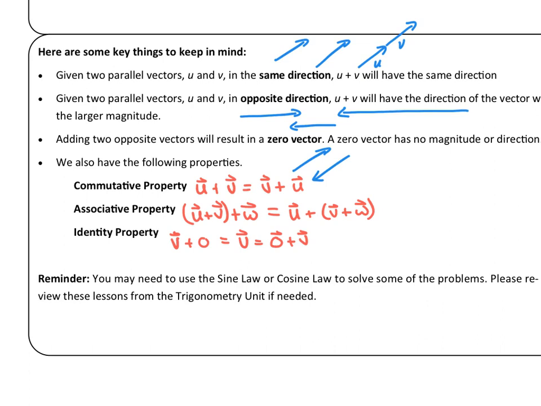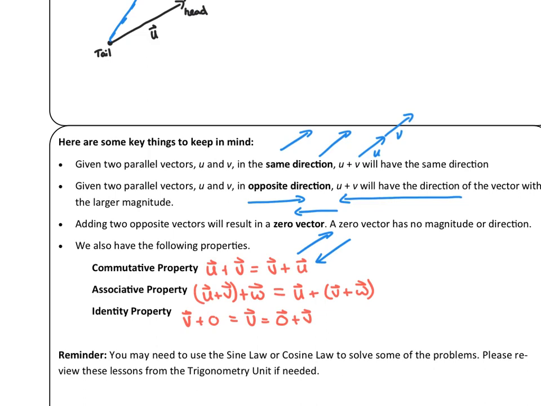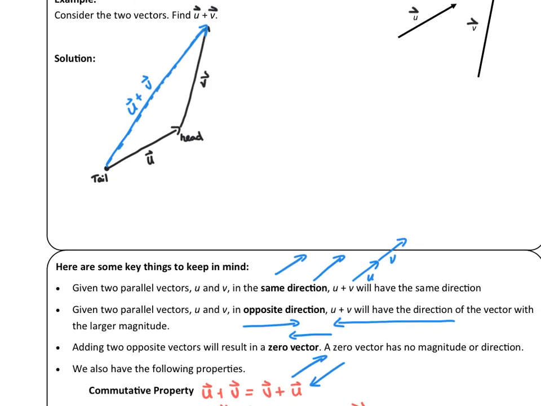A quick reminder, you may need to use sine law or cosine law to solve some of the problems. Notice up here, I made a triangle. If I know some of the magnitudes and the angle in between, then I'll have to use the cosine law. I might also need to use the sine law. So keep in mind that trigonometry comes up with this stuff.